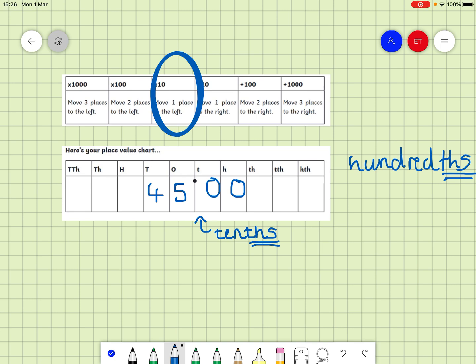So that means that the 4 is going to move to the hundreds, the 5 is going to move to the tens, and then we'll put a 0 because there's now no ones. So the answer would be 450 millimetres. So 45 centimetres is the same as 450 millimetres.